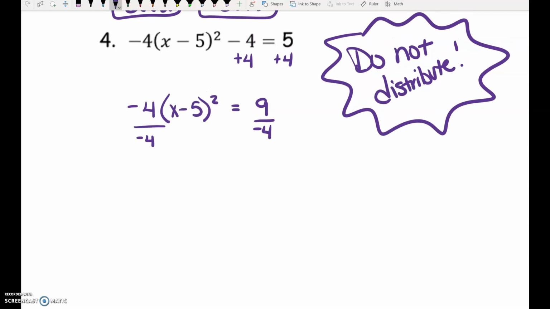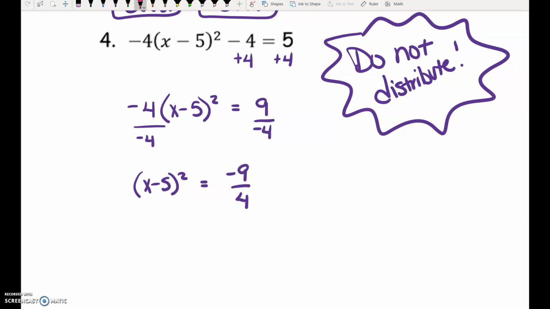All right. So I have the quantity x minus 5 squared equals, do I have to keep the negative on the bottom? No, it can go anywhere. So that's negative 9 over 4. It's best to put it on the top.